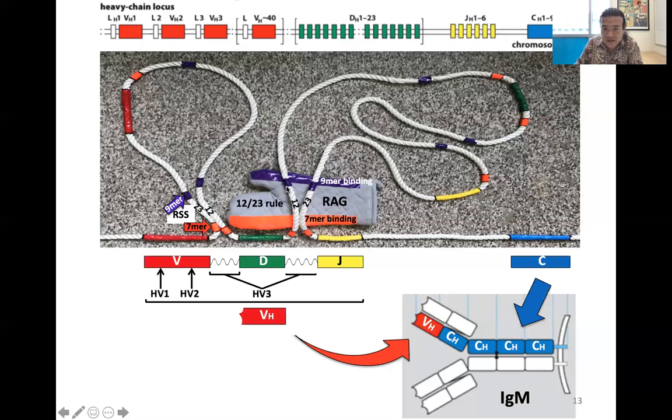The important part is the spacing, right? 12 apart and 23 apart is what enables the RAG protein complex to properly bind to them, and thereby choosing which green block here, D block, and which yellow J block come together, and everything else between them gets lost. Right? So it'll cut the rope, and the rope has to get stitched together.